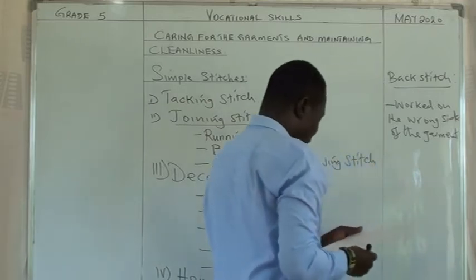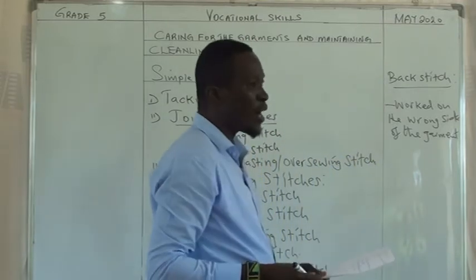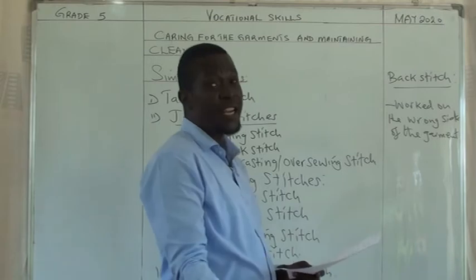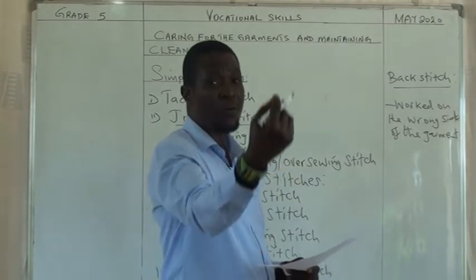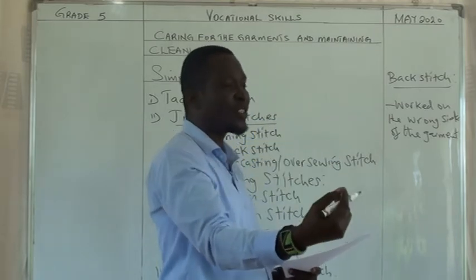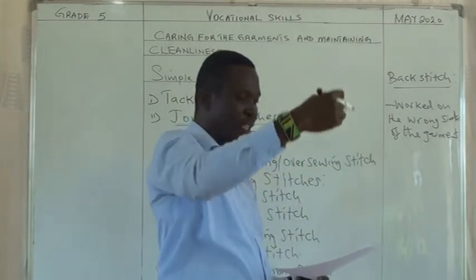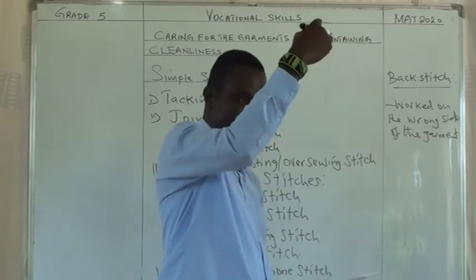Backstitch is worked on the wrong side of the garment. And how do we work it out? We bring the needle from the wrong side or from the back of the garment, and it comes out on top, that is on the surface.